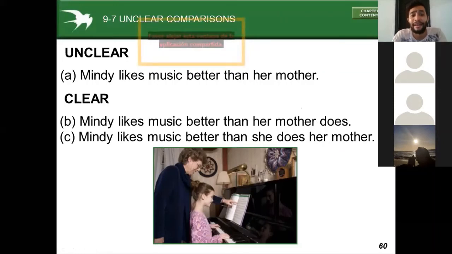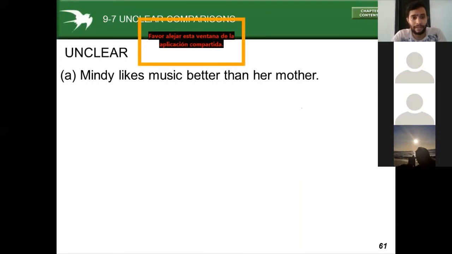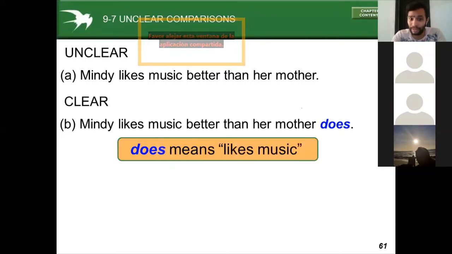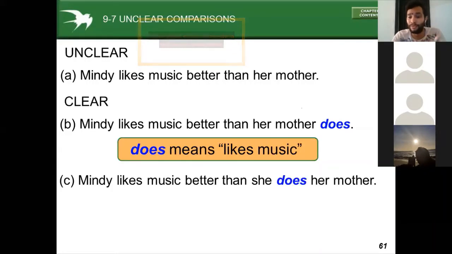I have never heard a person using that one, but it's grammatically correct, which means that if you want to use it, it's also fine. All right, take a look. Unclear: Mindy likes music better than her mother. Unclear: Mindy likes music better than her mother does. This is the normal version, and the more formal version: Mindy likes music better than she does her mother, right?